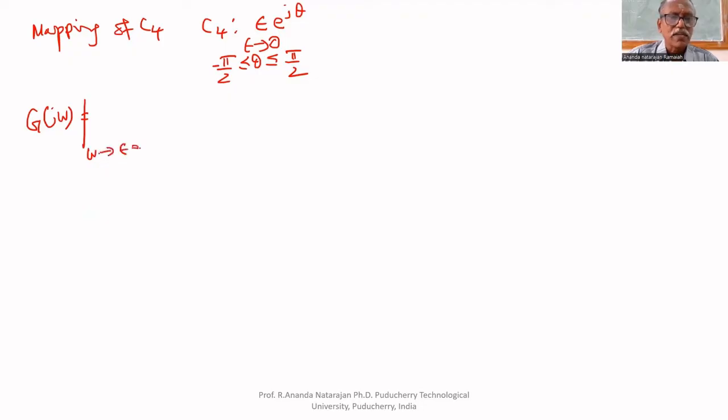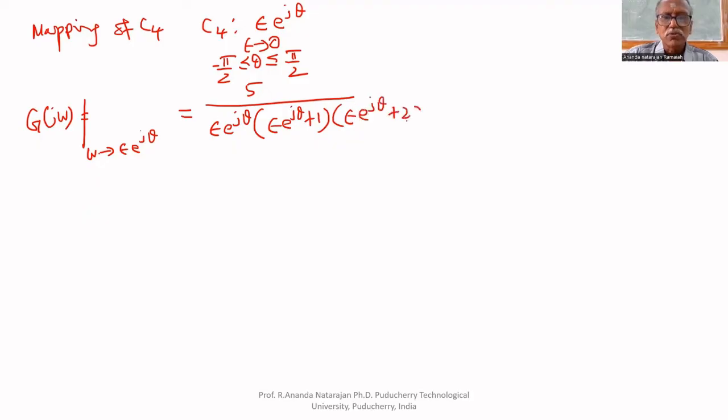tends to epsilon e power j theta, equal to 5 divided by epsilon e power j theta, epsilon e power j theta plus 1, epsilon e power j theta plus 2. So as epsilon tends to 0, this tends to 0, this also tends to 0.